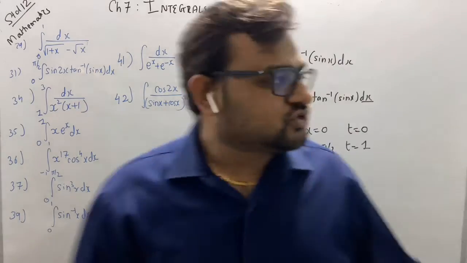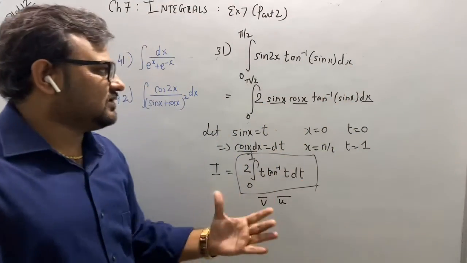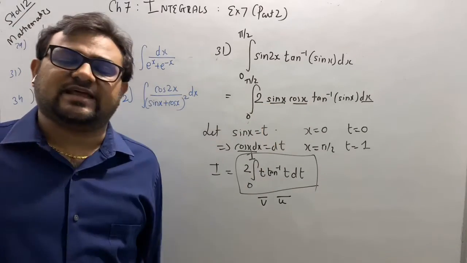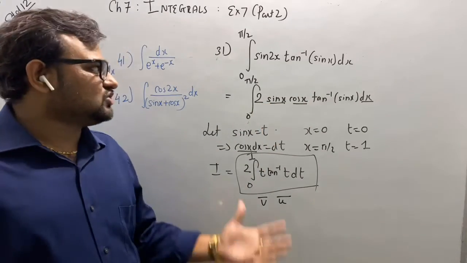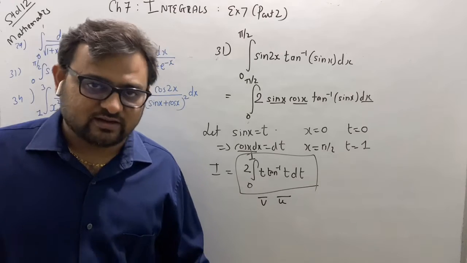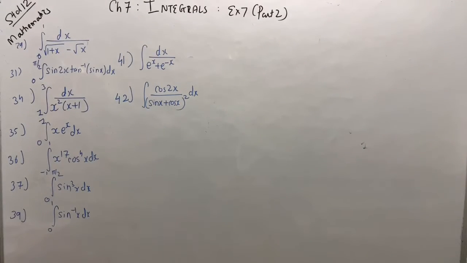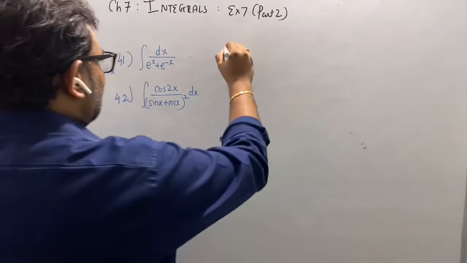So you have to solve question number 31 this way: rearrange and assume sin x equal to t. Clear? So this was about 31. Now let's go to the next one. The next sum is 34.